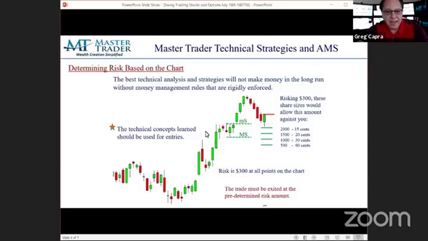So in this slide, the essence of it is to say, how much money do you want to risk on a trade? You can't just say, I'm going to always buy 1,000 or 2,000 or 500 shares with no regard for the stop. And the stop is always based on the chart. So looking at this slide, it's very easy to say, I'm not as certain about this setup.